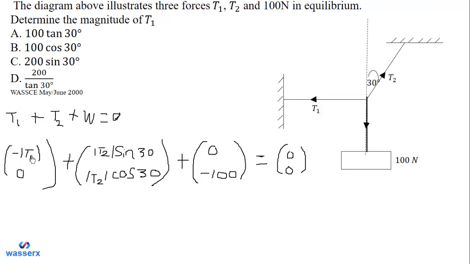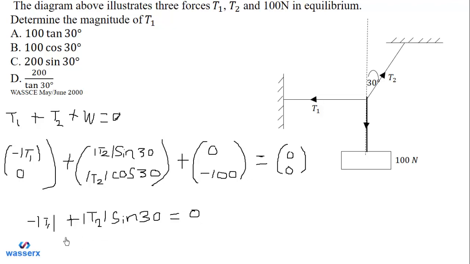Now we can establish some mathematical relations using equations. So equating the horizontal components, we have negative magnitude of T1 plus magnitude of T2 sine 30 degrees equal to 0.